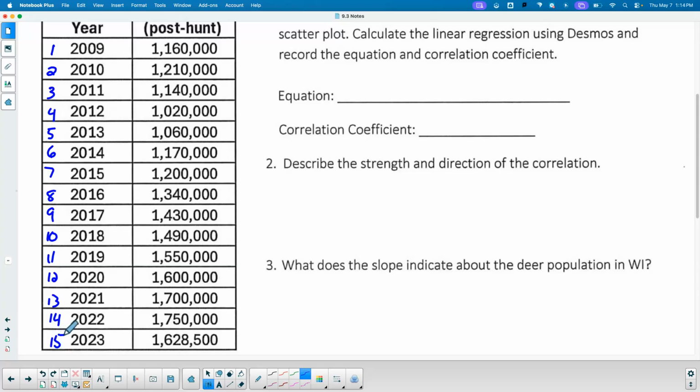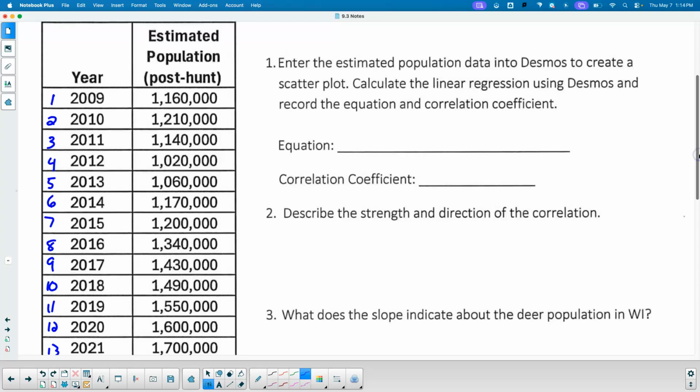But then we have to add something to our data set. And if we do that, and that's totally fine, then we would say the year since 2008, because that would be year 0. With me on that? Okay.